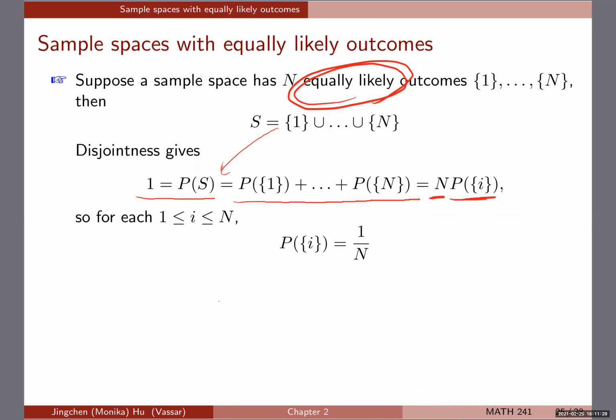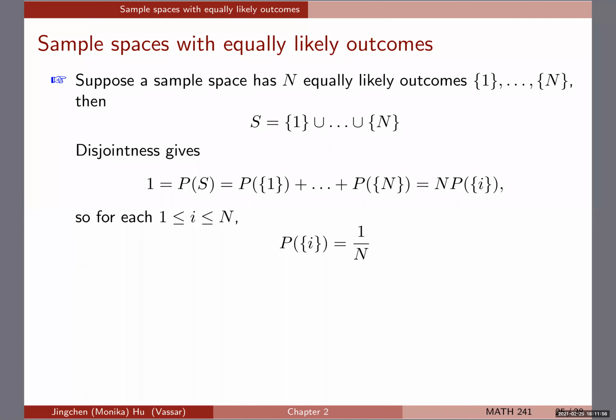Once we have gone to this part, we can write that the probability of any outcome, let me just say it clearly, is going to be 1 over N. So that's when you have sample space S with capital N number of equally likely outcomes, and we arrived at this using axioms 1, 2, and 3.